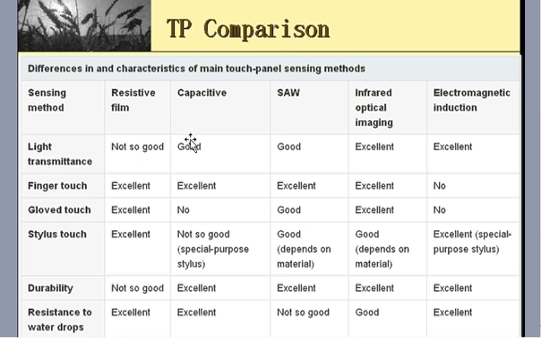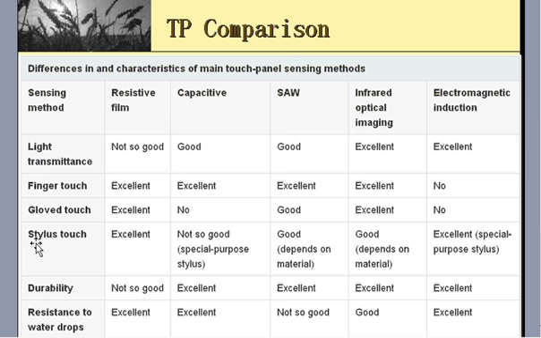But the capacitive touch panel, CTP, is very good. For finger touch, both are excellent. For glove touch, resistive is good, but capacitive is not, because you cannot generate capacitance between the electrode and the finger.